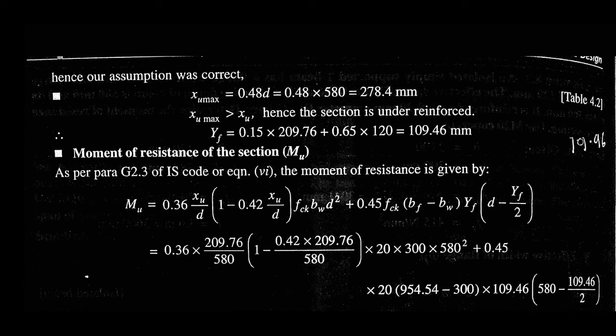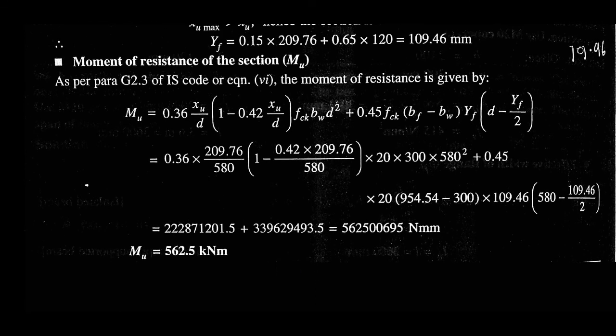That is 0.36 into 209.76, that is XU, by 580, within bracket 1 minus 0.42 into 209.76 by 580, into 20, that is FCK, into 300, that is BW, into 580 square, that is small d square, plus 0.45 into 20, that is FCK, within bracket 954.54, that is BF, minus 300, that is BW, multiplied by YF, that is 109.46, within bracket D, 580, minus YF by 2, that is 109.46 by 2.